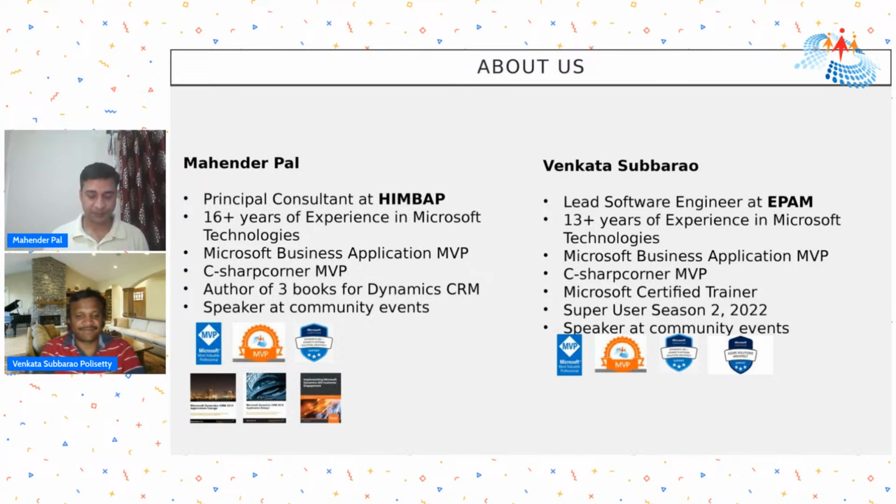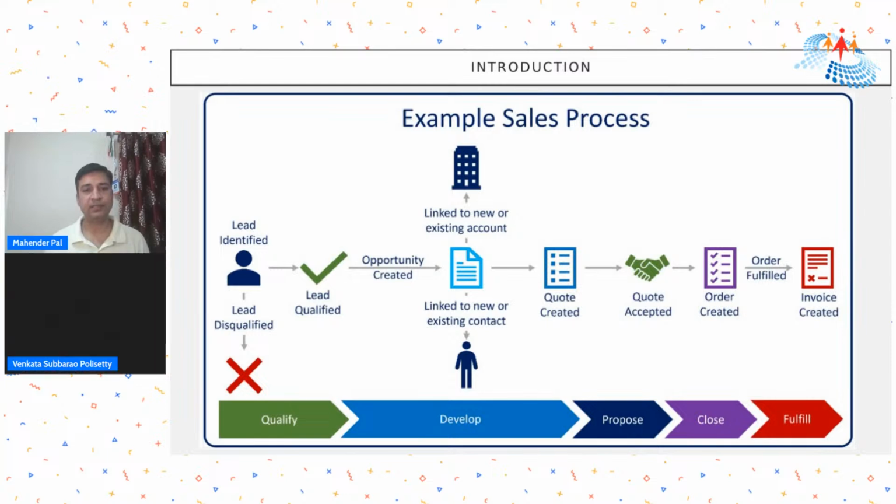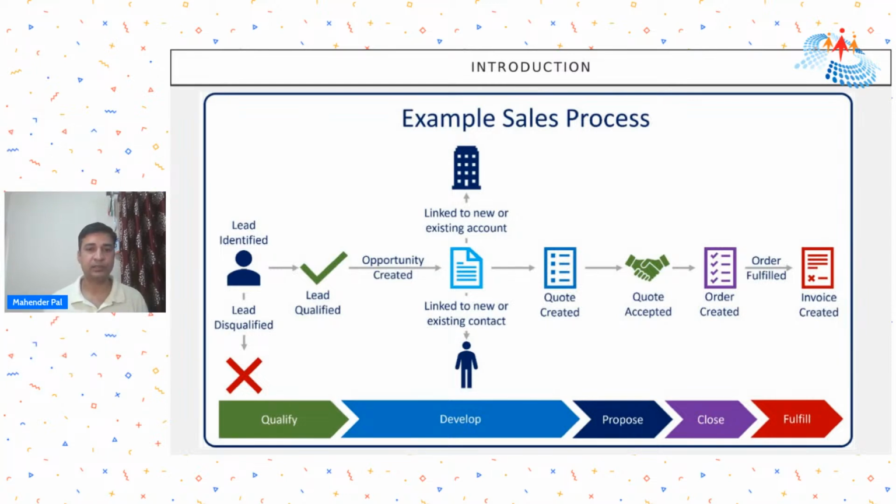So let's jump into our first topic. We discussed the sales app in our last session, so I want to do a quick revision. This is the complete sales process of the Dynamics 365 sales app. It starts from the lead, which is the basic information that we capture from the customer or from different sources.